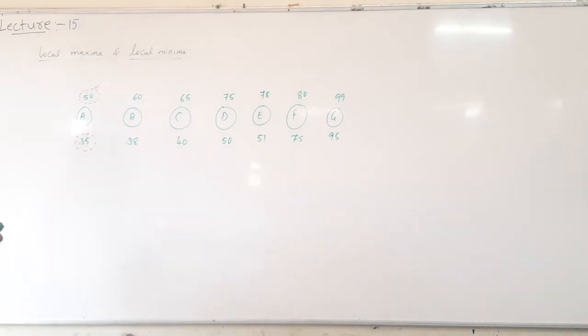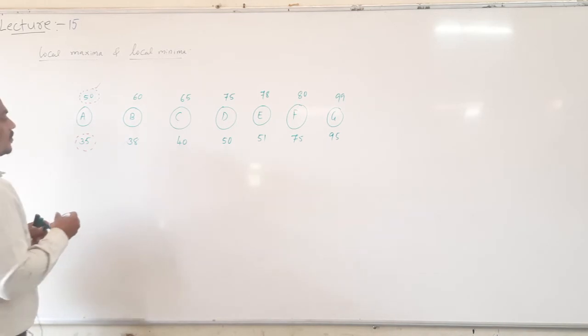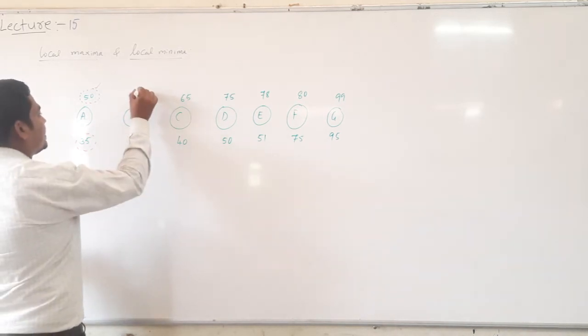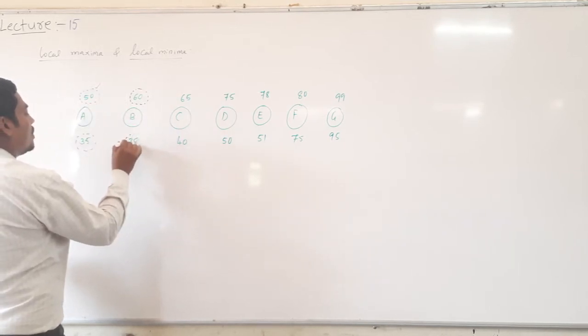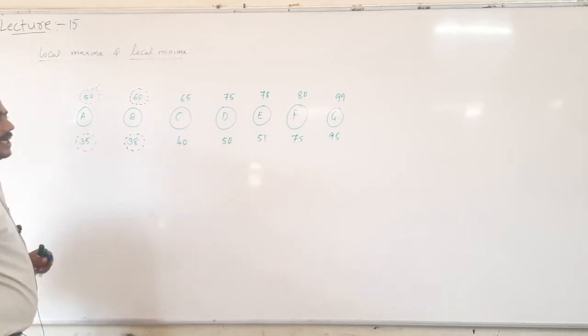When compared to B section, highest result 60%, lowest 38.